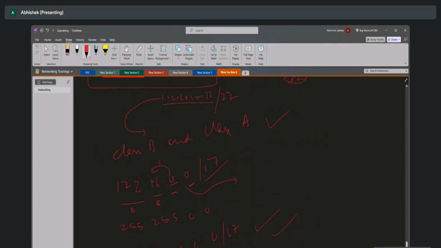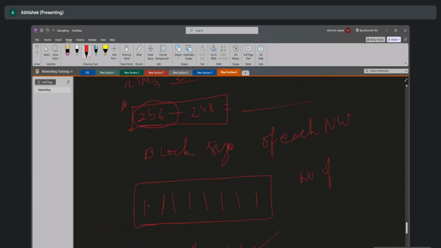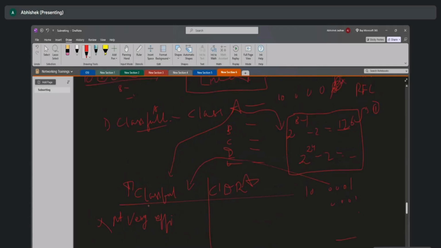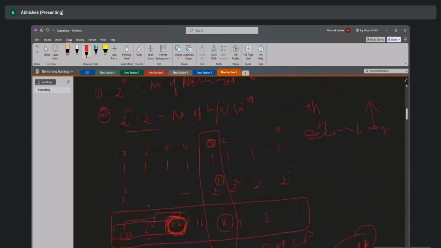Right. So I hope how subnets are calculated, what's the use of subnetting, classful and classless IP addressing, and classes of IP address, this is all clear.